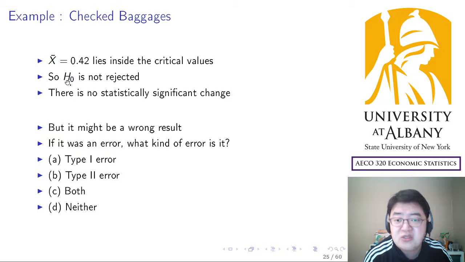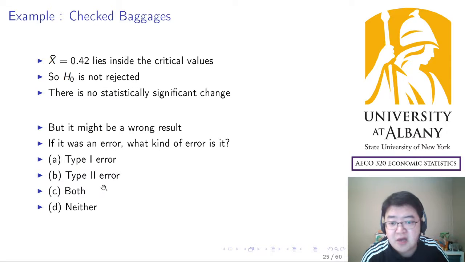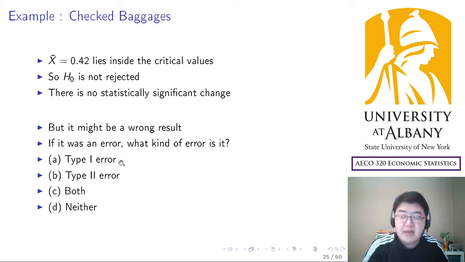Once you don't reject the null hypothesis, then the only possible error is type 2 error. Type 1 error happens when you reject. Type 2 error happens when you don't reject. So here, you have to worry about type 2 error.